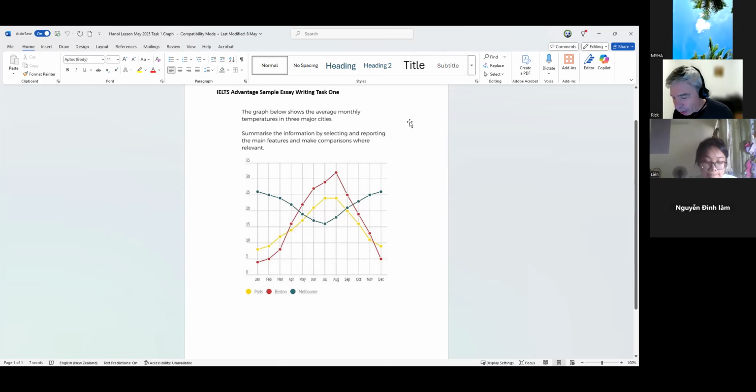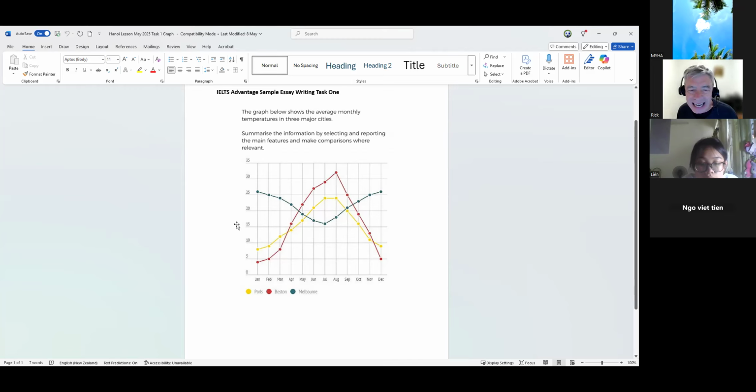Okay, so looking in more detail at this graph, Viet Tien, what is on the x-axis of this graph, do you think? The temperature. Correct. Very good. You can see here it says average monthly temperature.